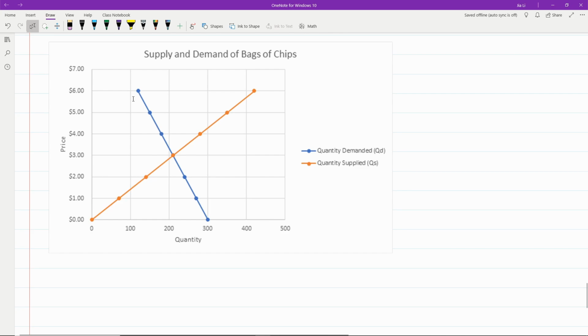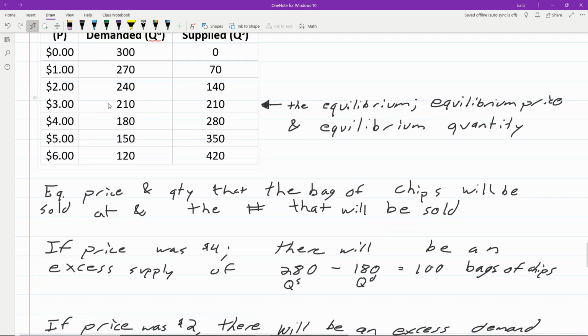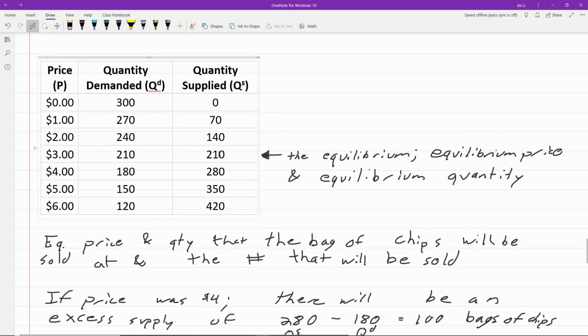Then, what does the equilibrium look like? Well, the equilibrium would just be right here. We know that because that is where quantity demanded equals quantity supplied, right? Quantity supplied is the orange line, quantity demanded is the blue line. So where demand crosses supply, that is our equilibrium, where those two quantities are equal to each other, just like what we saw in our table, where quantity demanded is 210 and quantity supplied is also 210.